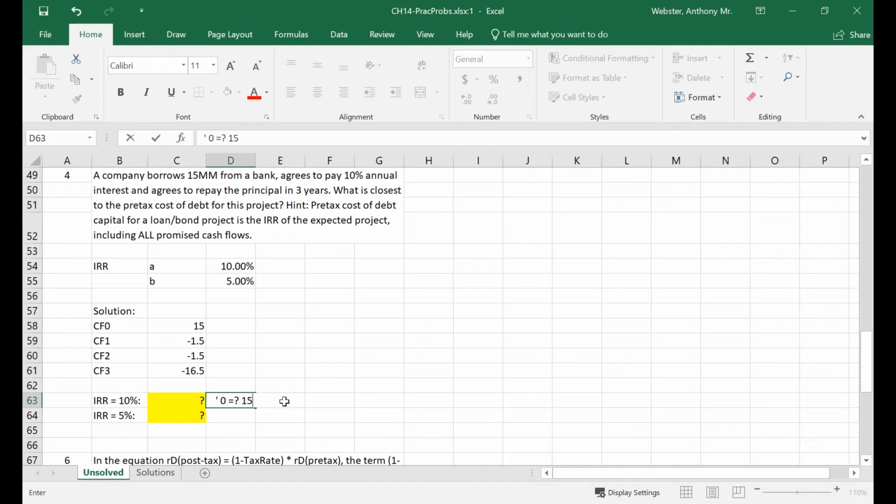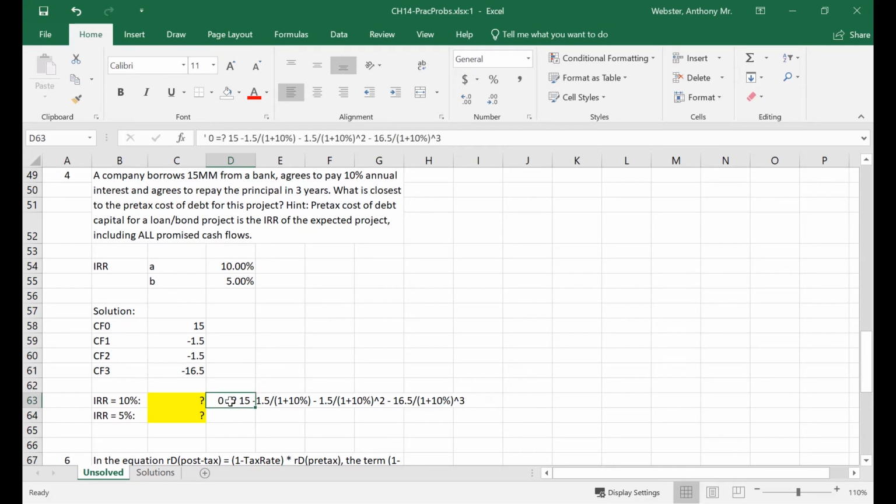So I'll say 15 plus, let's make that minus 1.5 divided by 1 plus 10% and minus 1.5, etc. So I have 1 plus 10% squared for the second minus 1.5, because that happens at end of year 2. I need to discount that back by 2 years. And then finally I get to my third year payment. So that's going to be divided by 1 plus 10% raised to the 3. Okay, so that's the question.